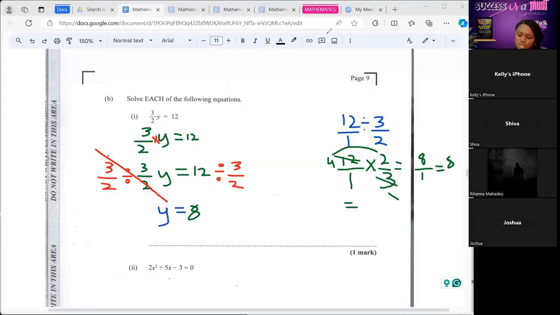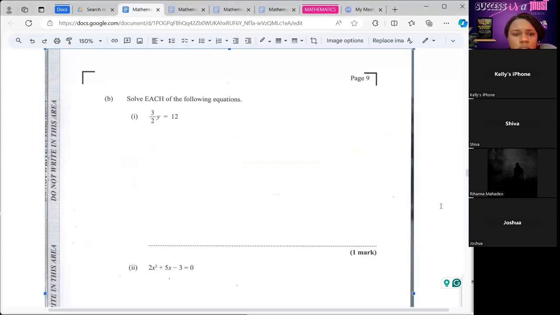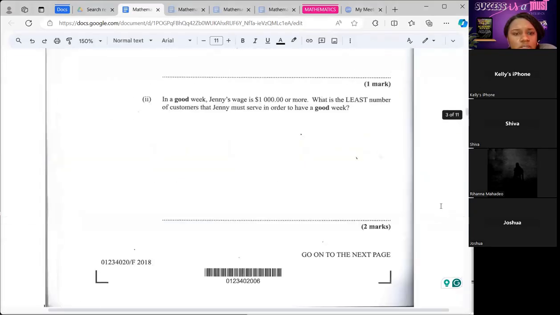The quadratic question, some people did fine with it. Somebody got a half, and some people left it out. Like, why would you leave out a quadratic, man? So, solve the following equations.